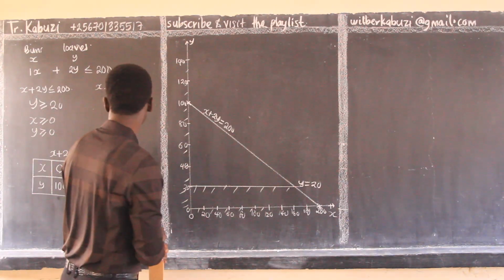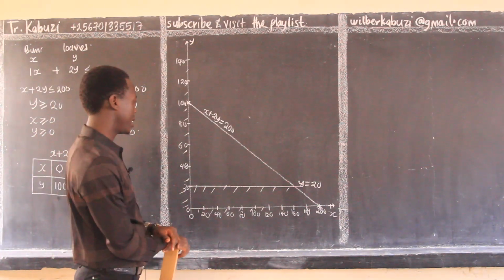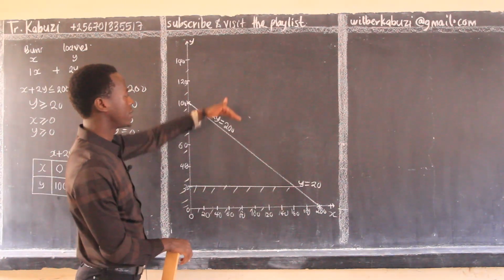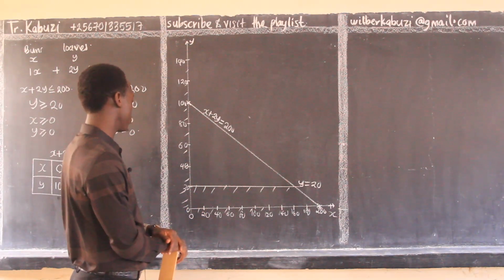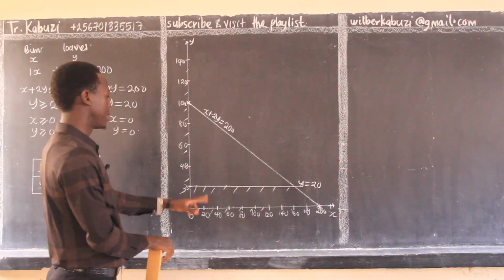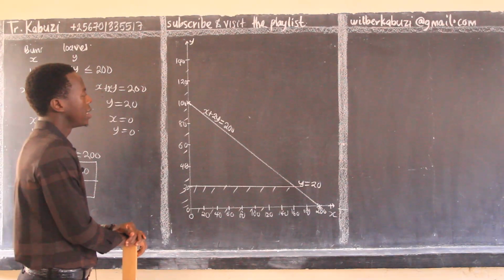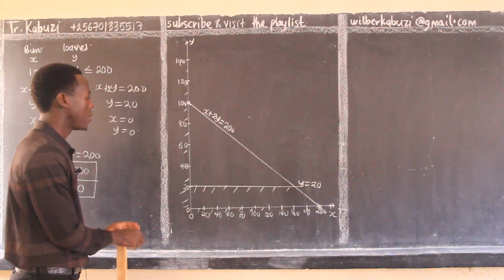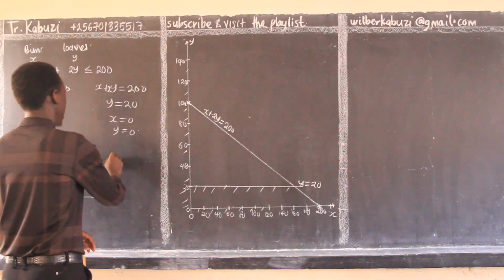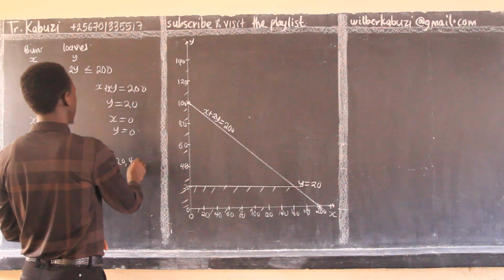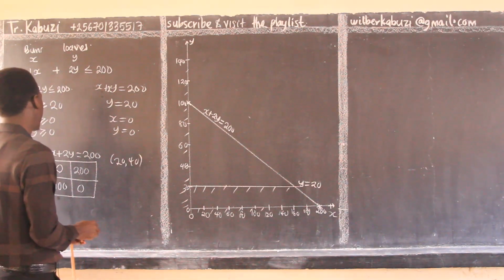Now let us test for this one. Because there are two lines here, I can take a point, 20, 20, or 20, 40, whichever you prefer. I'm going to take 20, 40, a point below this line, to test the region I'm going to shade.